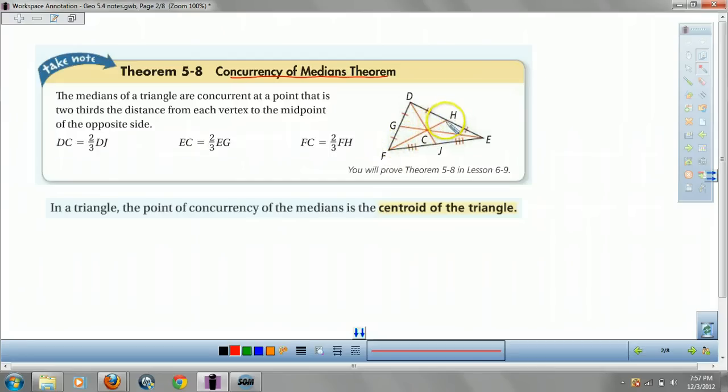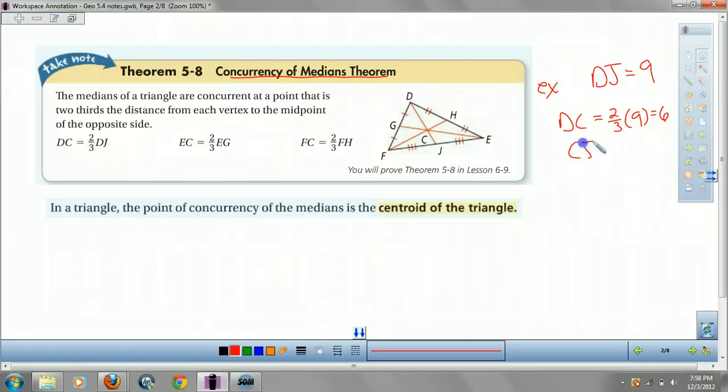Concurrency of medians theorem says if you draw your medians in, each longer segment is 2/3 of the whole thing. Okay? So that means that's a third. For example, if DJ equals 9, then DC will equal 2/3 of 9, which is 6.